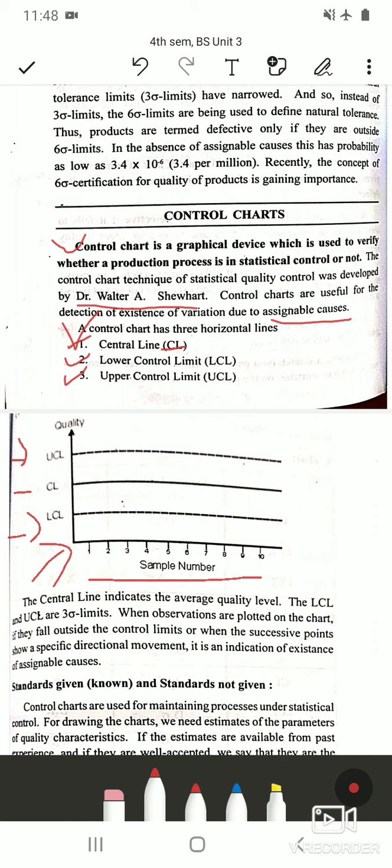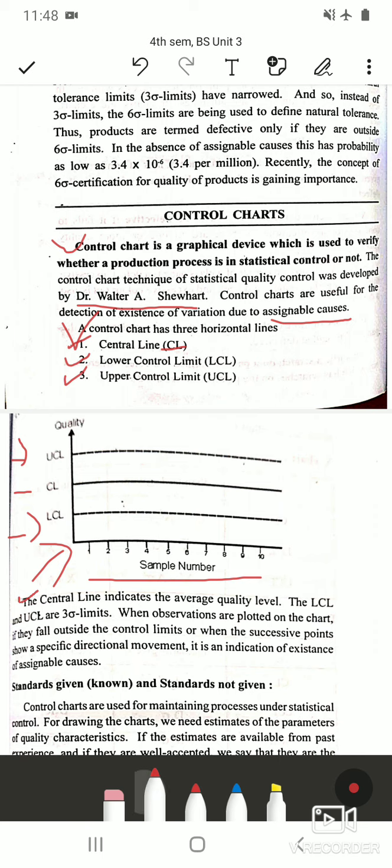We will see how to calculate all those. For the central line you draw a straight line, and for the lower control limit and upper control limit you draw dotted lines. So this is how a control chart looks.